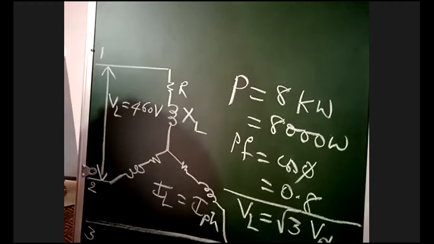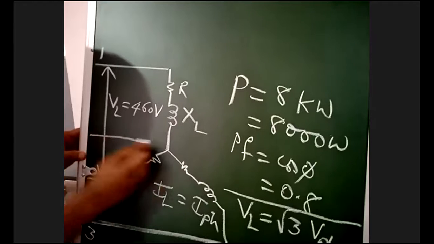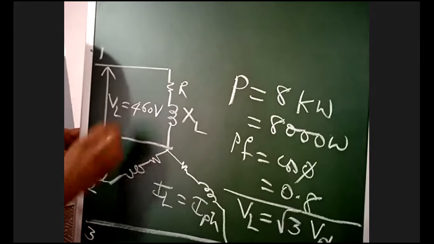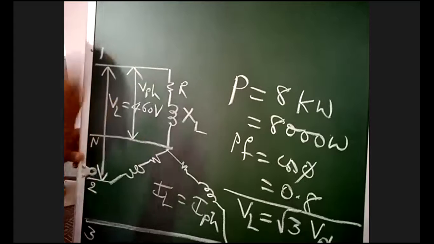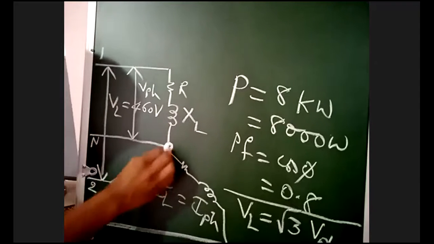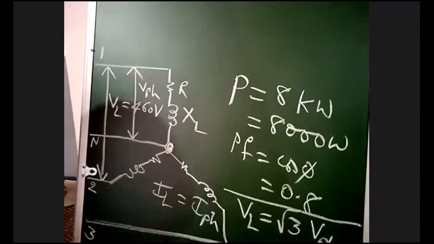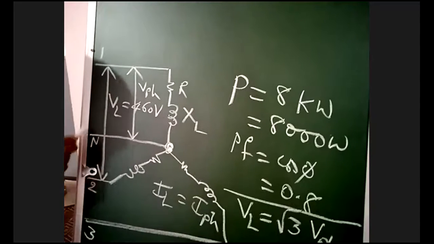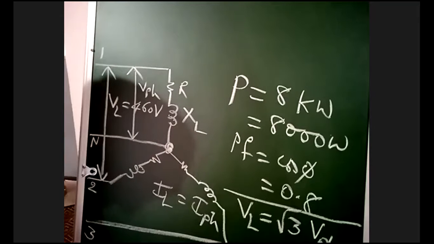That's why VL is equal to root 3 into V phase. Now, V phase means voltage in between phase and neutral. This is the neutral, this common point. Joining of these three branches at a common point. This is called neutral. Voltage in between phase and neutral is the V phase.